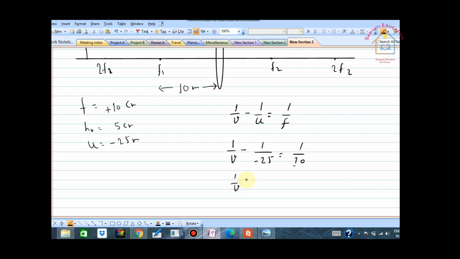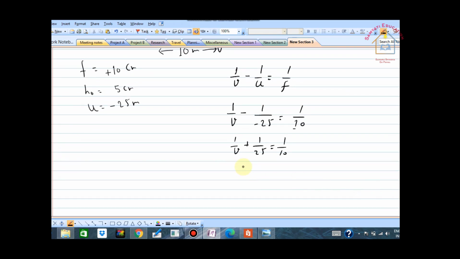1 upon v plus 1 upon 25 equal to 1 upon 10. 1 upon v equal to 1 upon 10 minus 1 upon 25. 1 upon v equal to, we will take the LCM of 10 and 25. LCM will be 100.